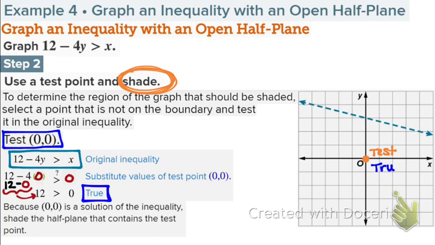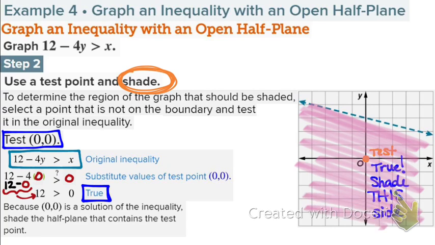If my test point is true, we will shade that side. So I'm going to get my highlighter out here. I'm going to shade that side of my line.